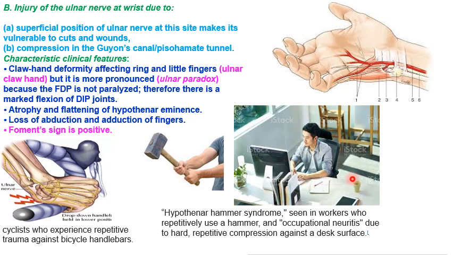Can be seen in occupational neuritis as well, where the compression of the ulnar nerve is seen in the cubital tunnel due to its repetitive compression at the edge of the desk surface, and can be due to compression of the ulnar nerve in the Guyon's canal, that is at the wrist, because of the same reason of repetitive compression during the work hours.